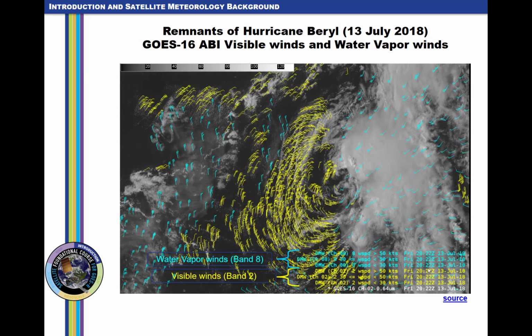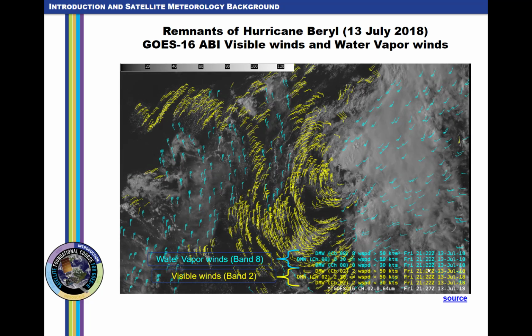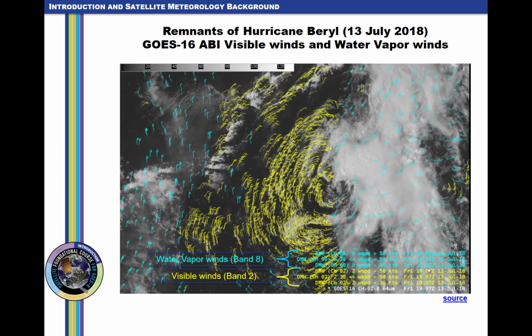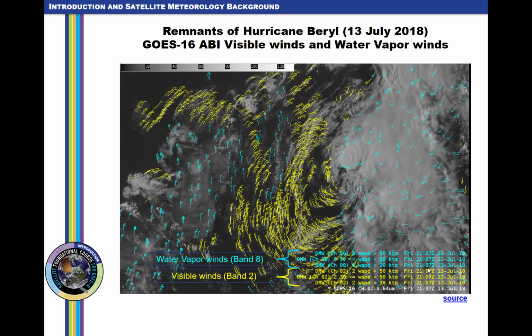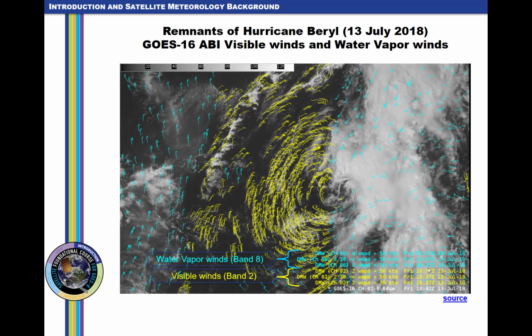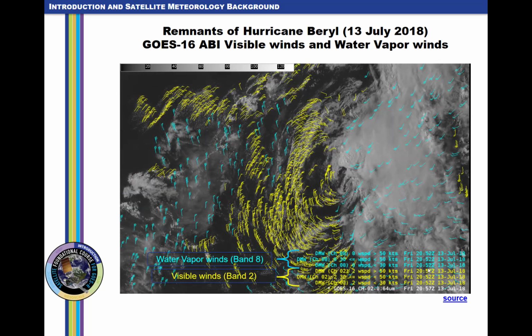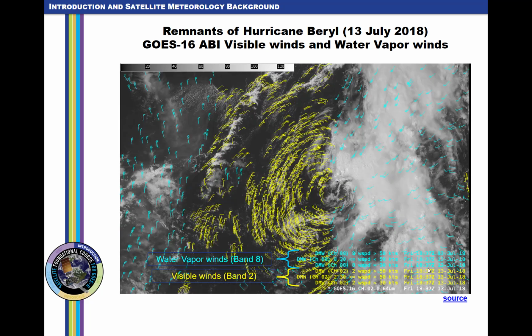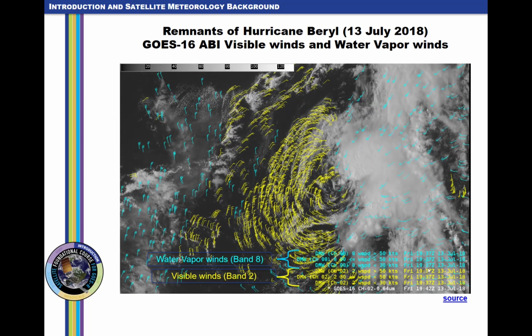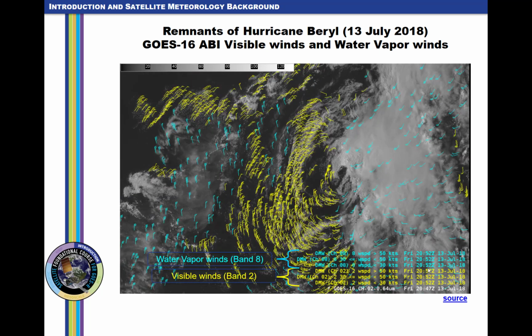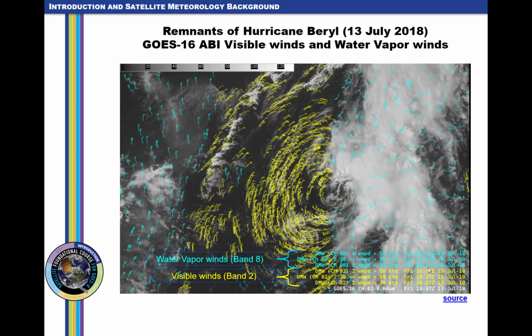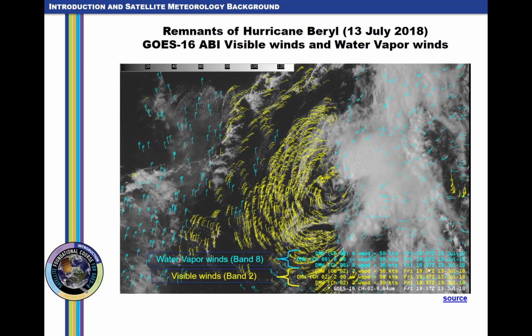This image from July 2018 shows the remnants of Hurricane Beryl off the U.S. East Coast. Winds derived from visible data, in yellow, highlight the low-level circulation center. Winds derived from the water vapor bands, in cyan, show a trough axis just to the west of the low-level circulation center.